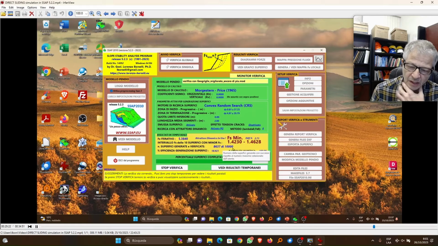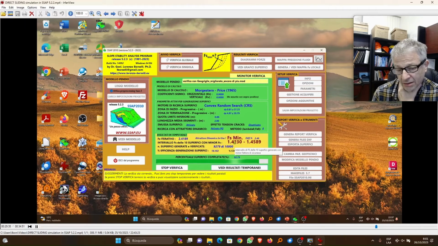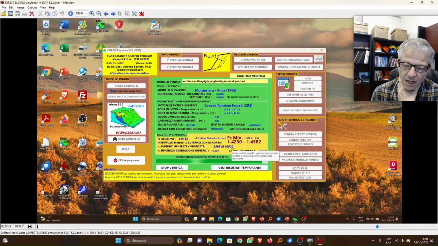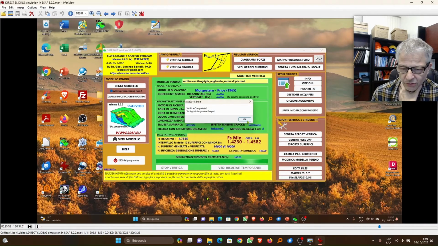Of course, I remember that you can generate with SSAP up to 99 million surfaces. If you want, you can do that, no problem. But usually it's not necessary to arrive at this amount. 10,000 or 15,000 is enough for our case.